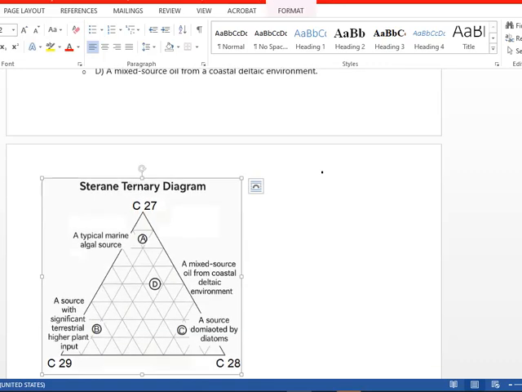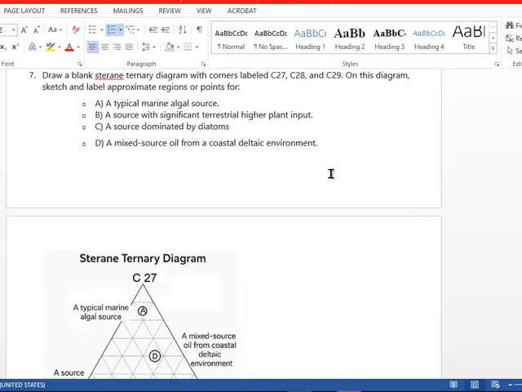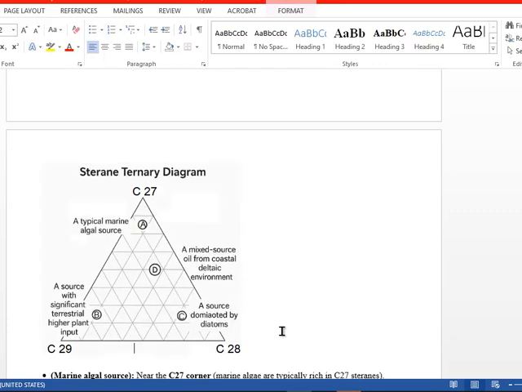Okay, so from the sterane analysis, you can know whether it is terrestrial or from a marine source, depending on the type of steranes you find in your sample.